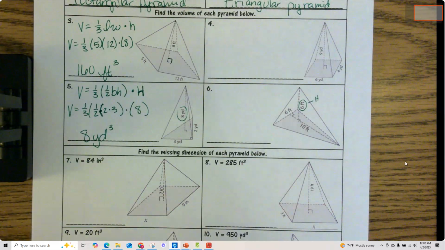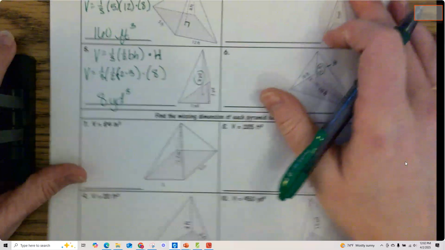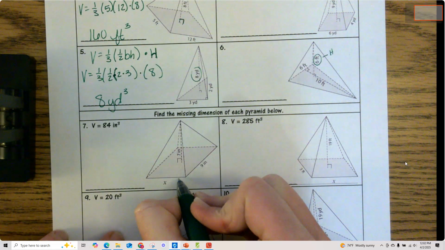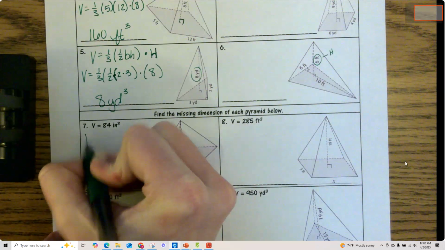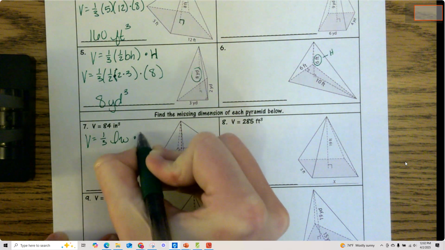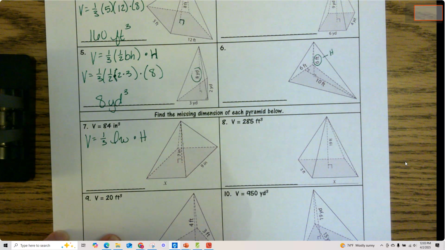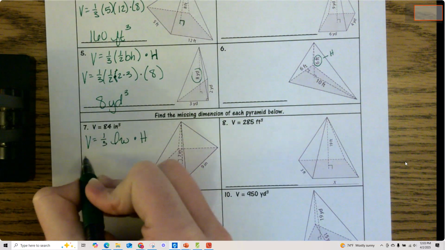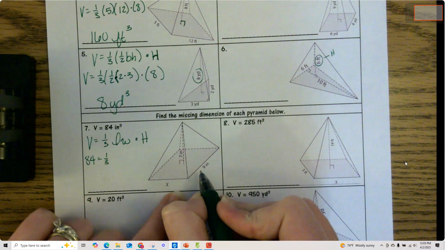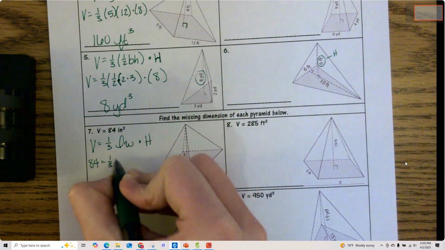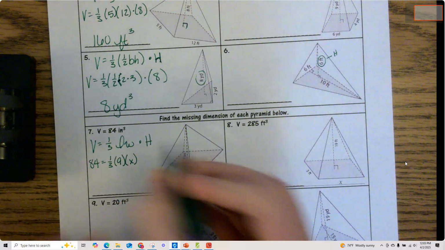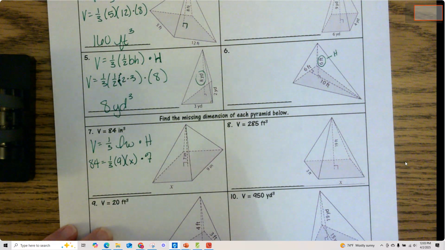All right, working backwards. Now they give me the volume. I've got to find what's missing. So, rectangular pyramid, 1/3 length times width times the height of the pyramid. Fill in what we know. The volume is 84. Length and width are the pieces on the base. One's a 9, one's an X. And then the height of the pyramid is 7.